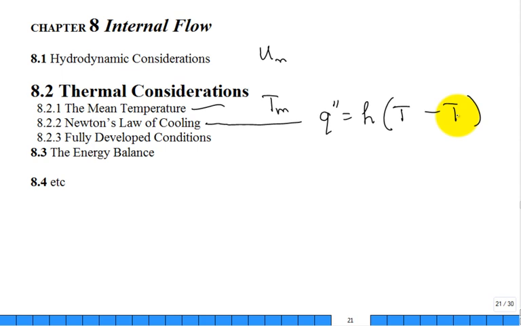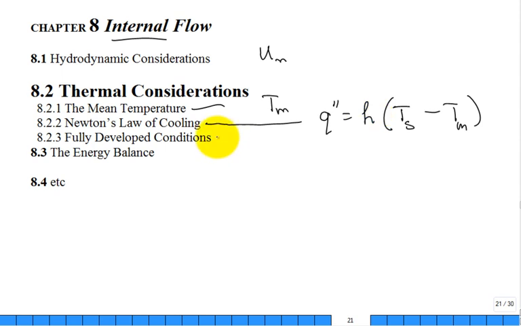Okay, so we're talking about pipe flow, internal flow. I'll talk about maybe the hot wall surface here. What do you think is an appropriate temperature for the fluid? The mean temperature of the fluid? Absolutely. So that's perfect. And this is into the hot wall, into the colder fluid.